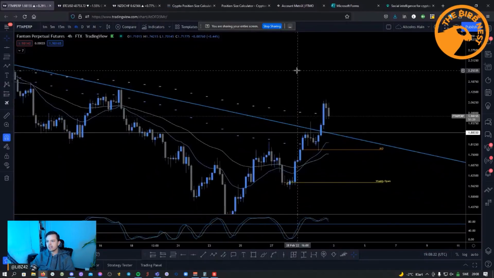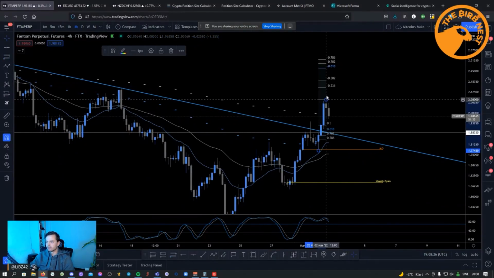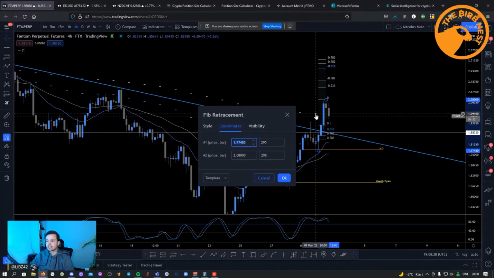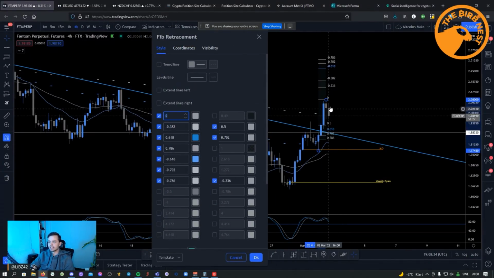Now, if you add the Fibonacci tool, by the way, I'm going to bring up the Fibonacci tool here for all of you to see the settings that I have right here. The fibs that I have, as you can see right here, are the 50%, and then the 618, the 702, and the 786.